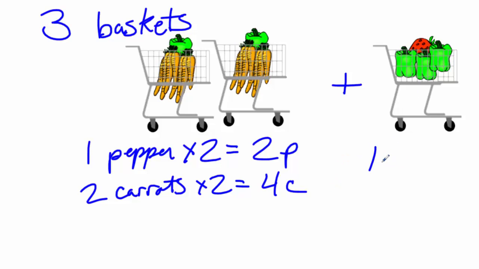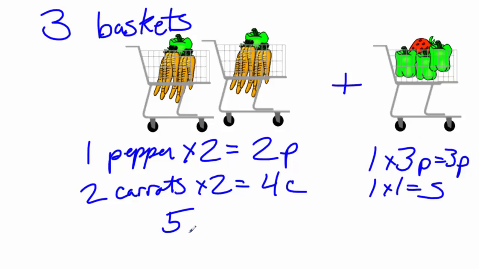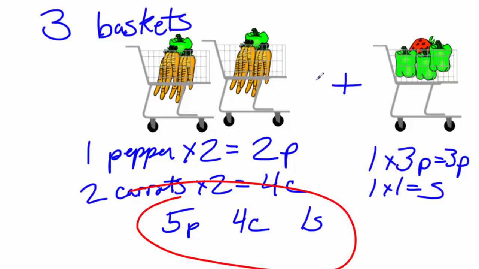We have 1 basket and 3 peppers for a total of 3 peppers. And we have 1 basket with 1 strawberry. Give us 1 strawberry. We would add these together, and in total we'd say there are 5 peppers, 4 carrots, and 1 strawberry, right? So this isn't any kind of science. We could count this if we wanted to. 1, 2, 3, 4. There's 4 carrots, 1, 2, 3, 4, 5, 5 peppers, and 1 strawberry.